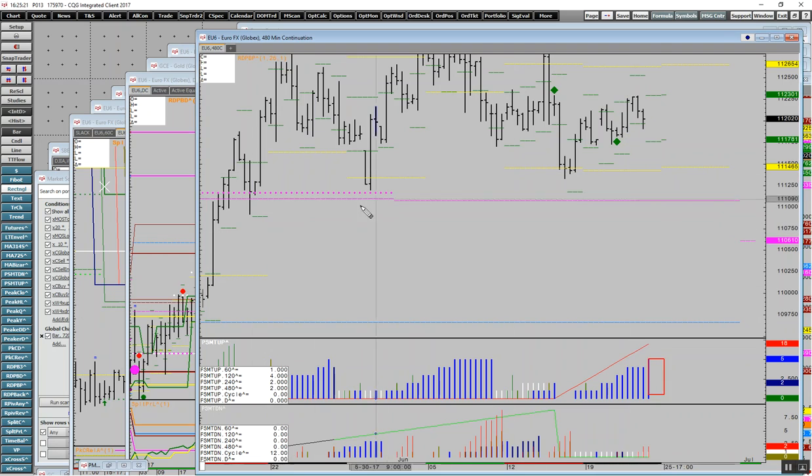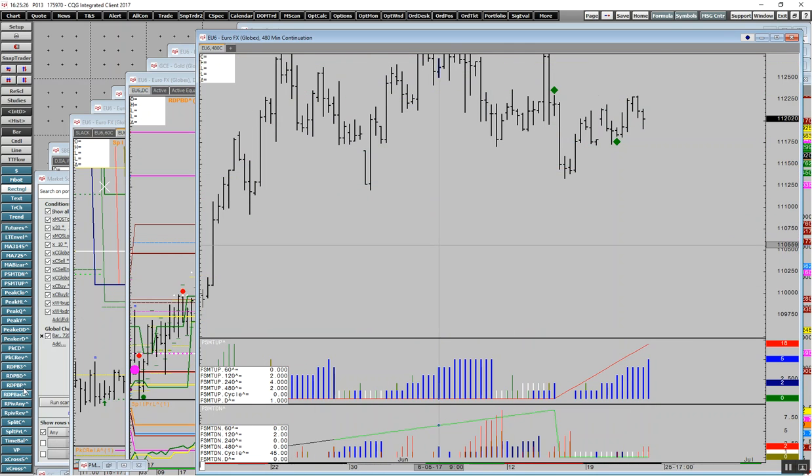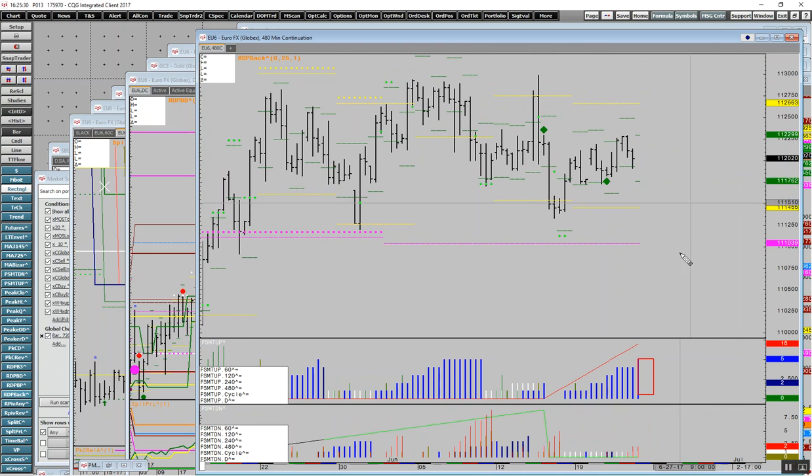In terms of the pivots, let's just pull these out so you can get your numbers for the day. Here they are. Here's our daily bullish and bearish. That's these ones here. So 1.12299 and 1.11762.